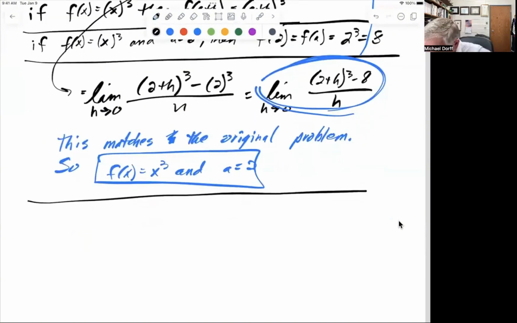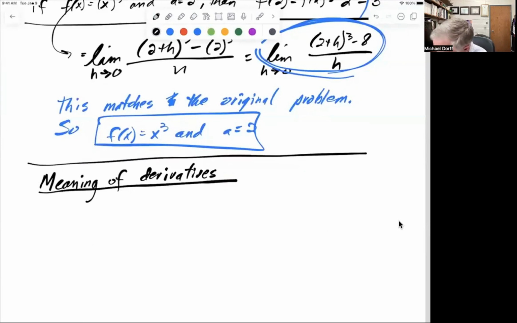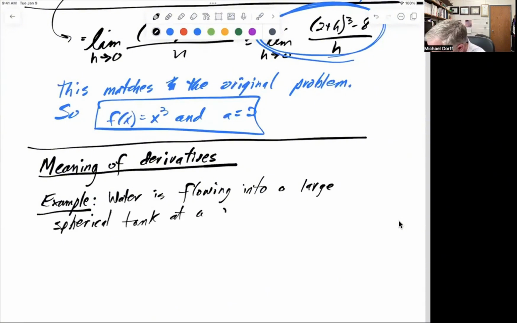All right, so now let's talk about some of the meanings of derivatives. So how are these sometimes represented in word problems? Let's suppose I have this problem here. Water is flowing into a large spherical tank at a constant rate.